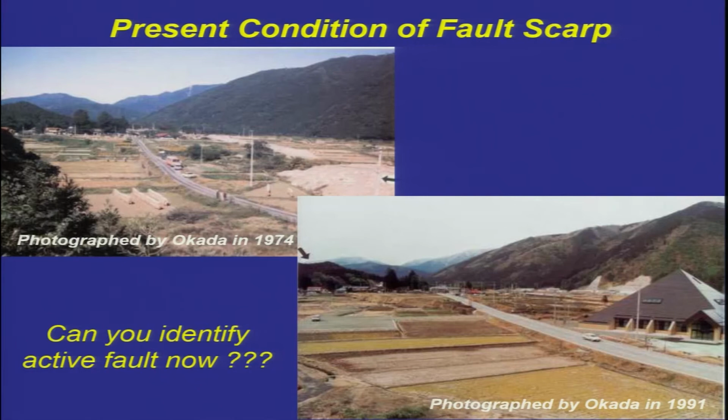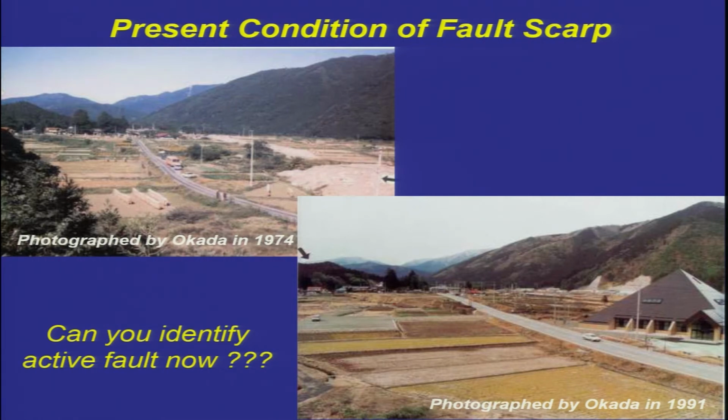Now, the question remains that with the modification, by erosion as well as by local people or town planners, this will slowly be obscured. So, it will sometimes be difficult to identify the fault trace in populated areas.